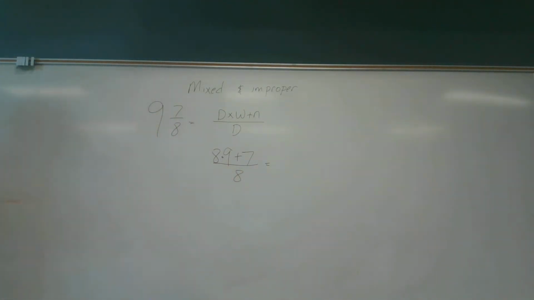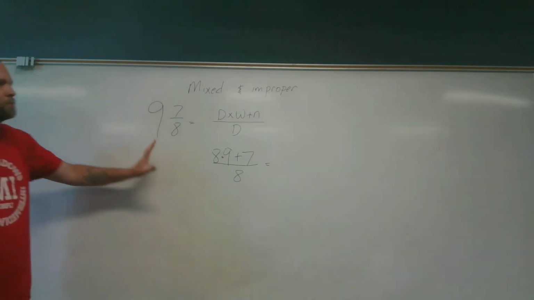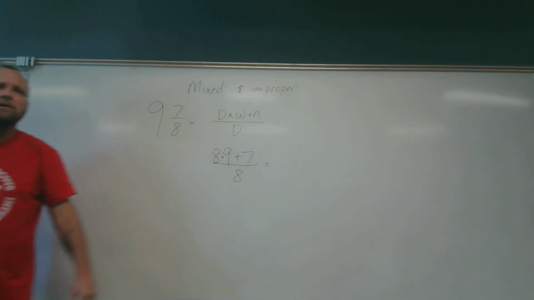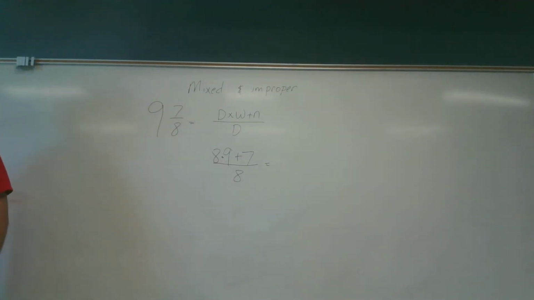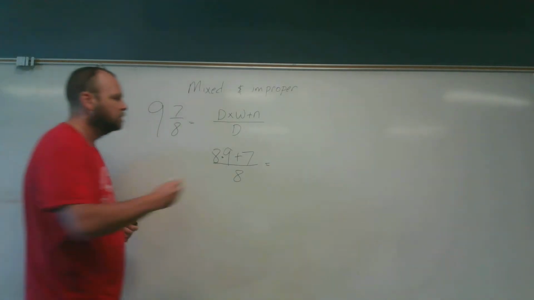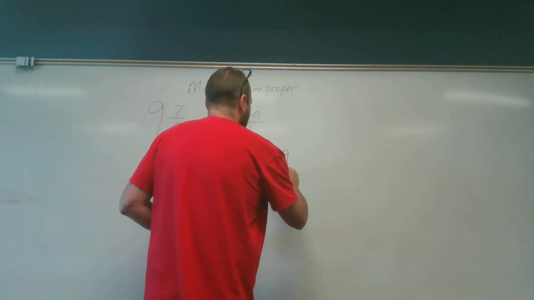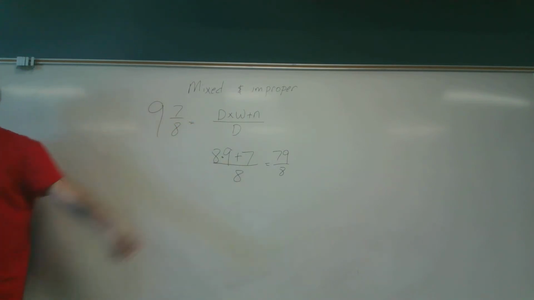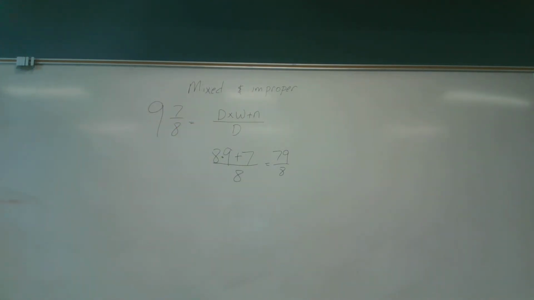You could do it in your head, but I'm just showing you the steps in case the numbers are really big. All right, so Ari, what is 8 times 9 plus 7? 79. Good. 79 over 8. If you follow this every time, it doesn't matter what the numbers are. It's easy peasy, raw chicken squeezy. I didn't make it up.